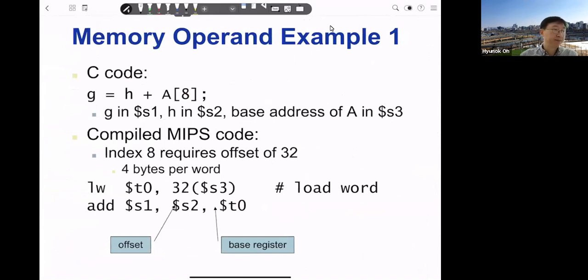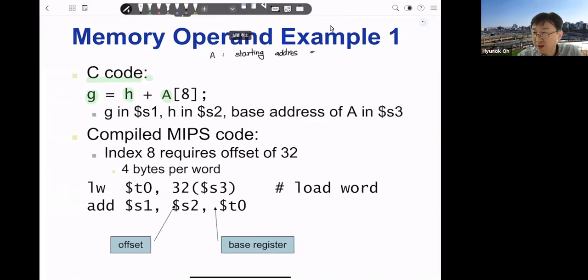Okay, so this is C code. This is doing variable g, variable h, and is accessing the array A, right? So in the array case, A represents the starting address of the array.